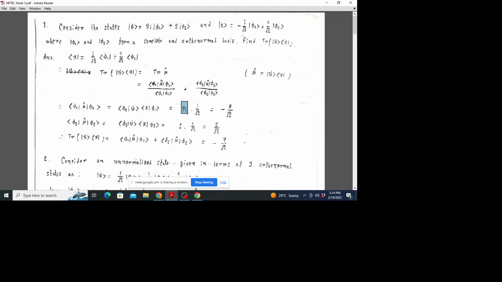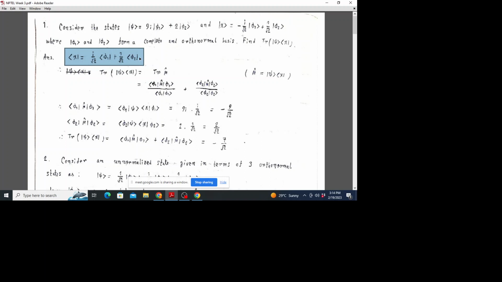Similarly, how to find this other inner product? Now this is the inner product between the bra chi and the ket phi 1. We have found this bra chi, and we just multiply with the ket phi 1 on the right-hand side of it.